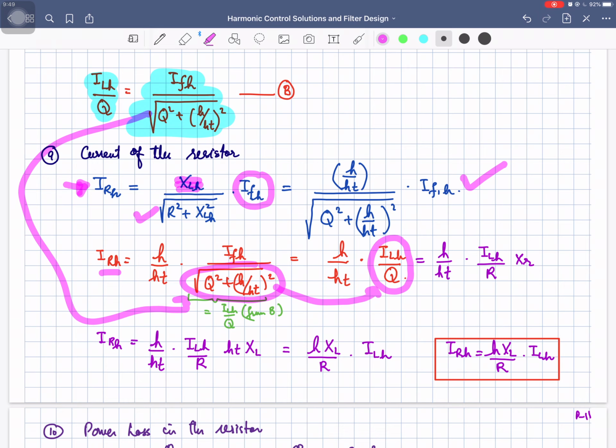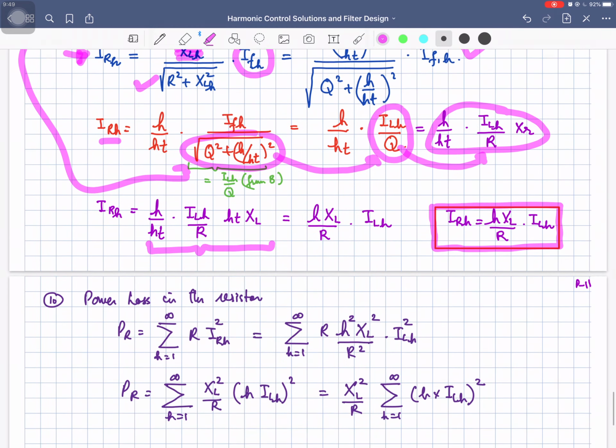Again, taking the expression for the quality factor, we can write it like this. So the current through the resistance is given by this equation, and simplifying this one, the current through the resistance will finally be represented by this expression.